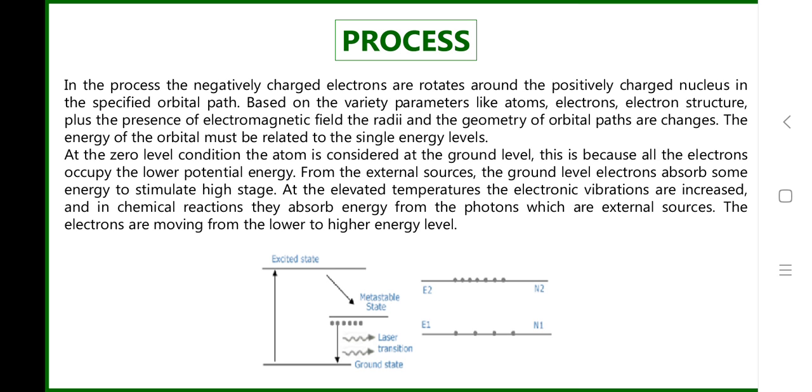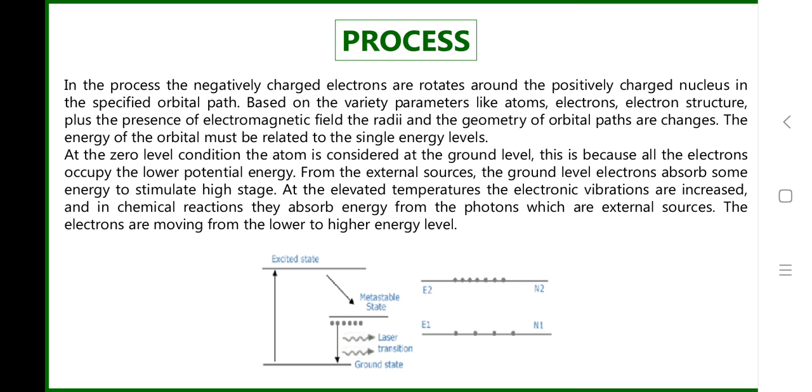The energy of the orbital must be related to a single energy level only. At the zero level condition, the atom is considered to be at the ground level. This is because all the electrons occupy the lower potential energy.